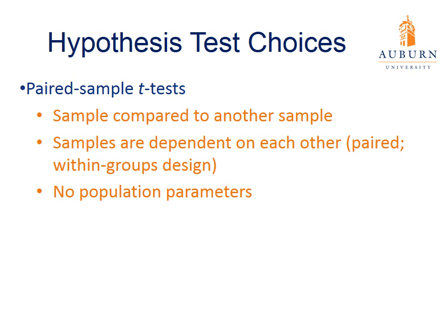And those samples should be dependent on each other. In other words, they should be correlated or related in some way. Maybe we measure the same participants twice, like a pre-test, post-test. Or maybe we look at siblings, or twins, so they share a genetic relationship with each other. And with any of those we can do a paired sample t-test.